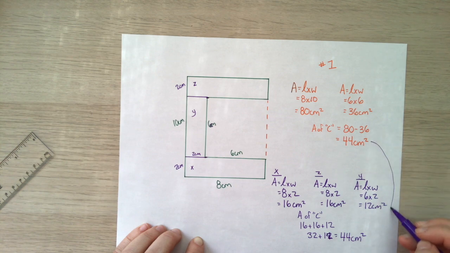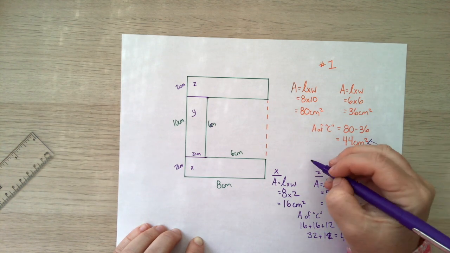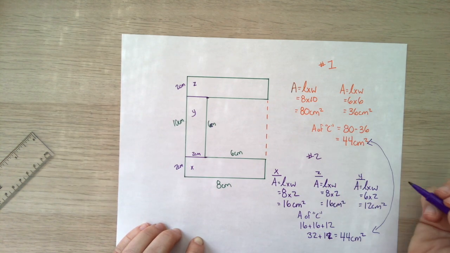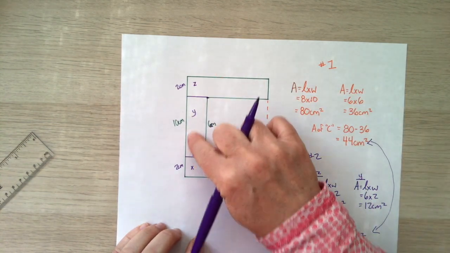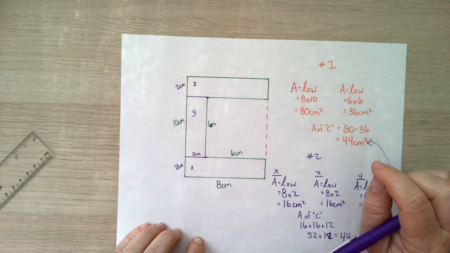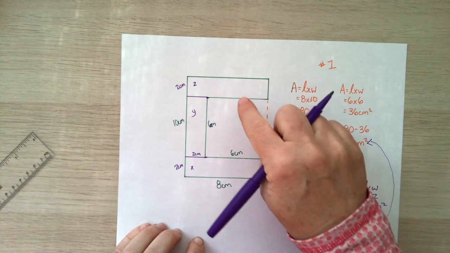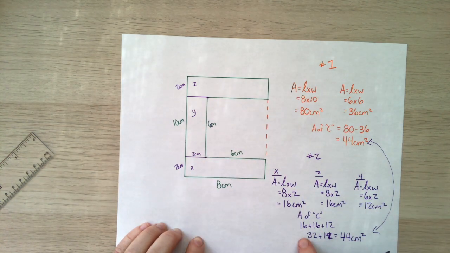Same as this one here. So it doesn't really matter which method you use. You can either take out part of the whole or divide up the actual entire shape into smaller rectangles and add them together.